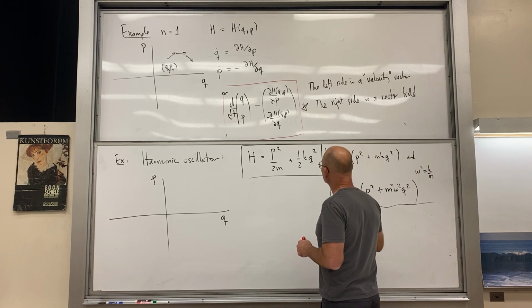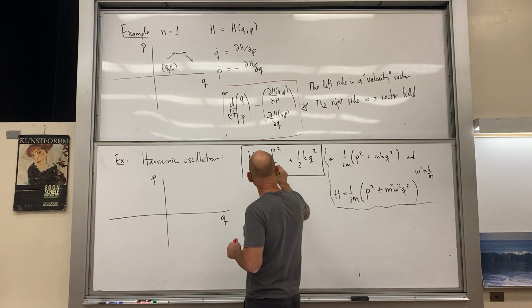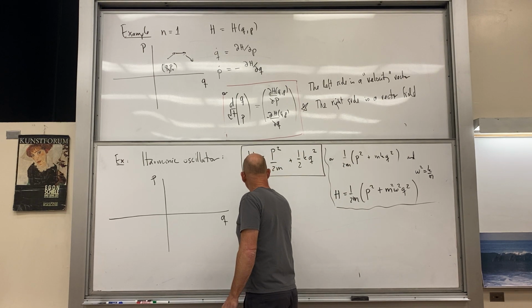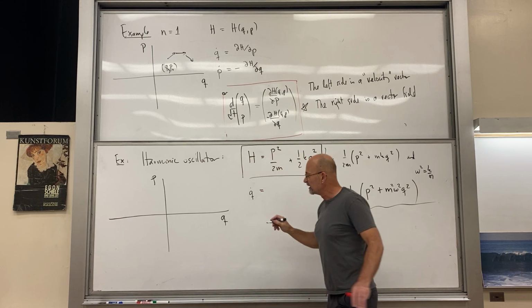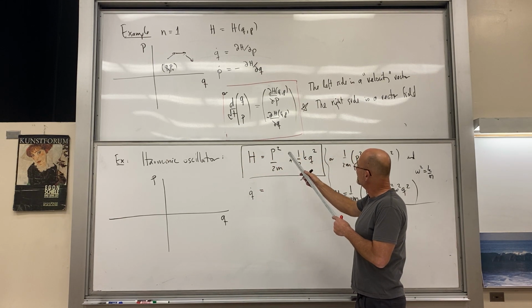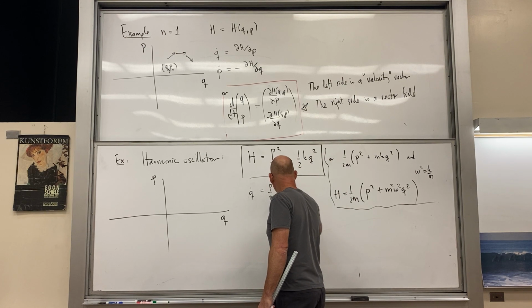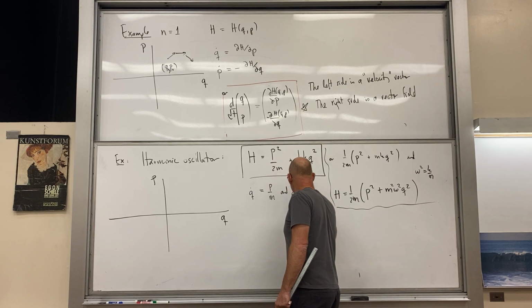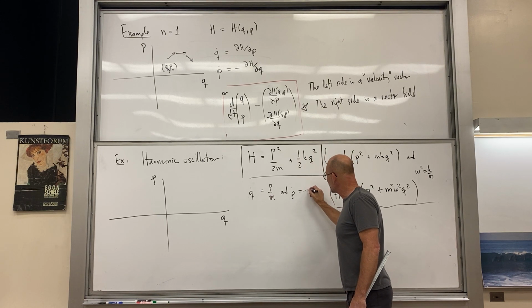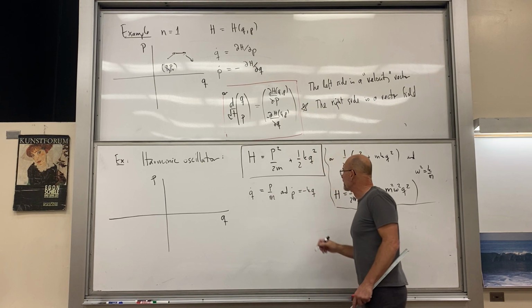Now, what we have is Q dot is equal to dH/dP, so that's P over M. P dot is minus dH/dQ, of course, which is minus KQ.